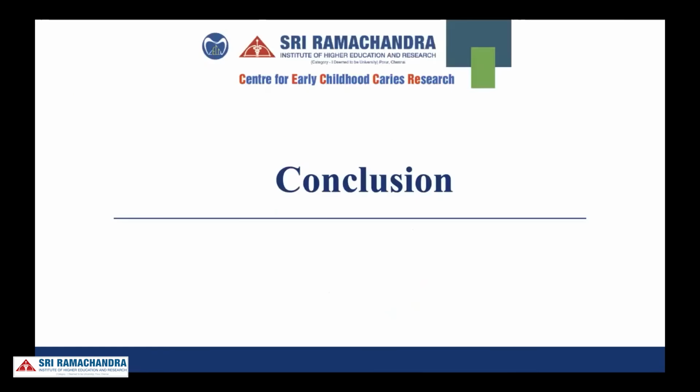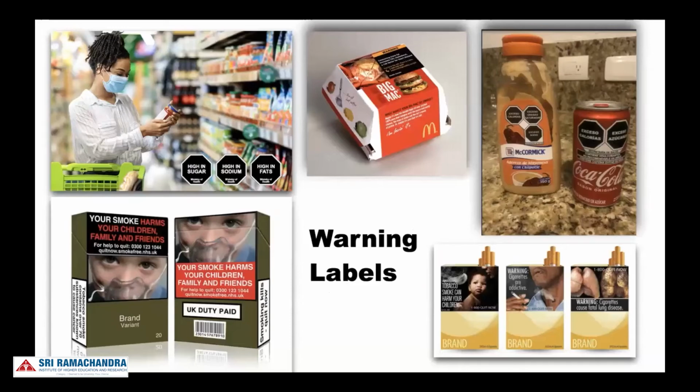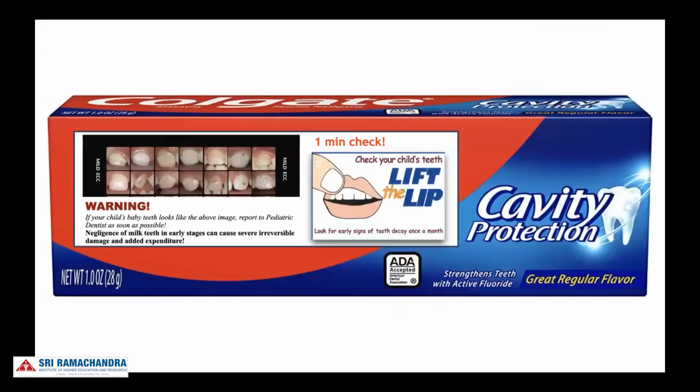Well, now I would like to conclude my presentation by sharing these pictures. So what I want to emphasize here is, when we can keep a warning label in food, in a cigarette packet, or in a McDonald's box about the consequences of having that item, why can't we keep a warning label maybe in a toothpaste box?